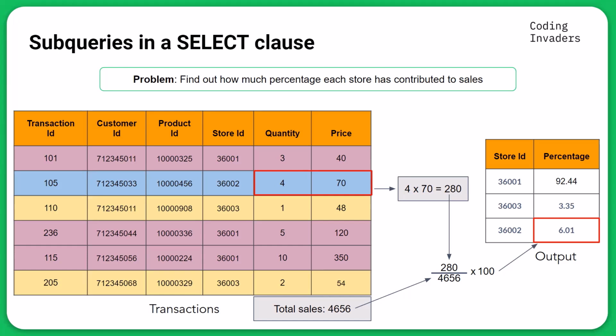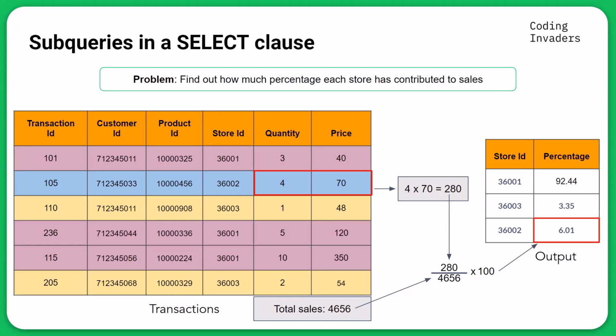And the total sales is 4656. And that we have seen how we calculated. We multiplied the quantity and price of each row and added all of the rows. And then we do into 100 to get the percentage. So this way we've got each store ID with the percentage of how much it has contributed to its sales.